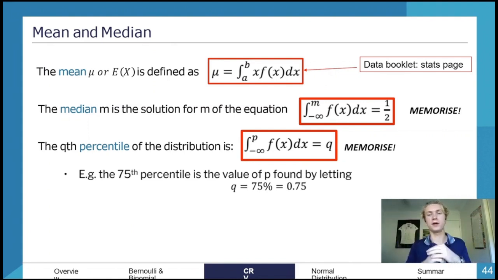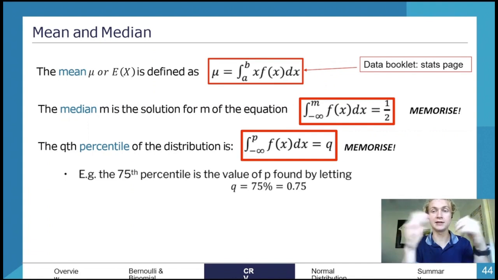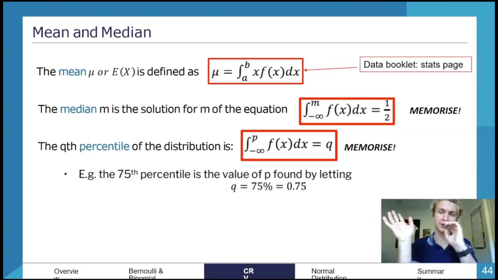Often you are asked to solve for the median by integrating, because we're talking about continuous random variables using probability density functions. We integrate between the lower bound, negative infinity, and m. M is what we define as the median. We let the other side of the equation equal half, because we know the probability that the x value is less than m is half. You can also go from m to the upper bound, which equals half.